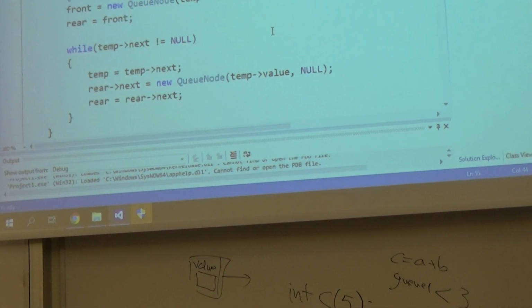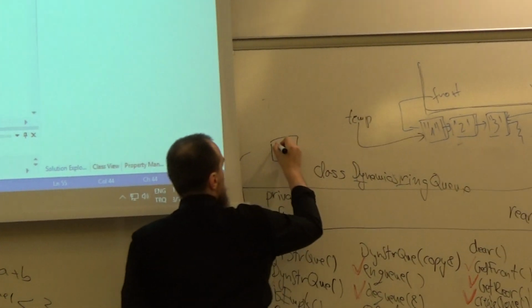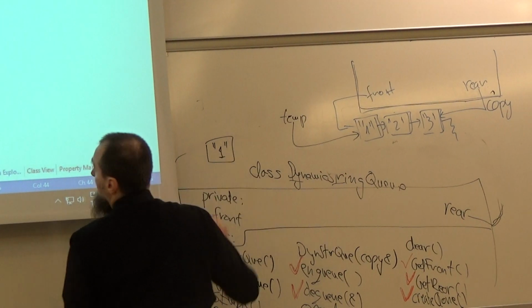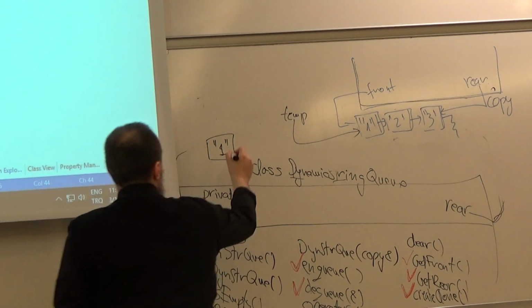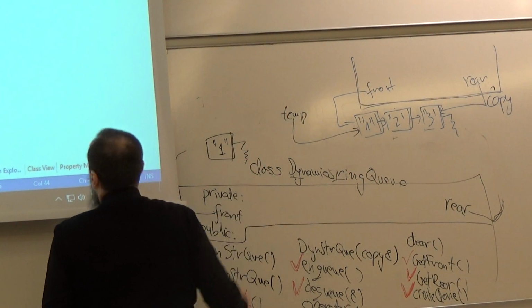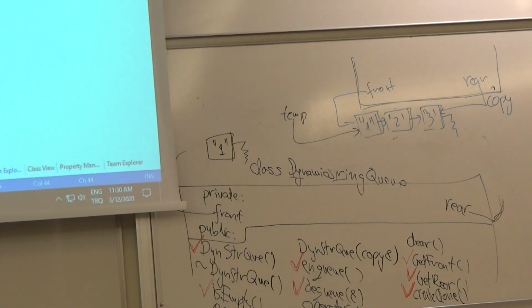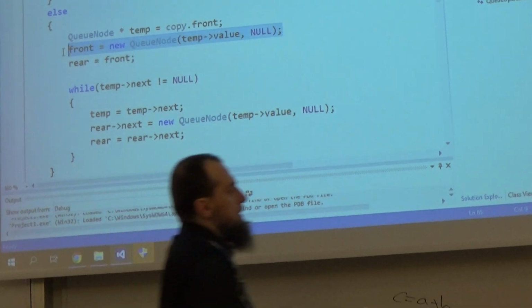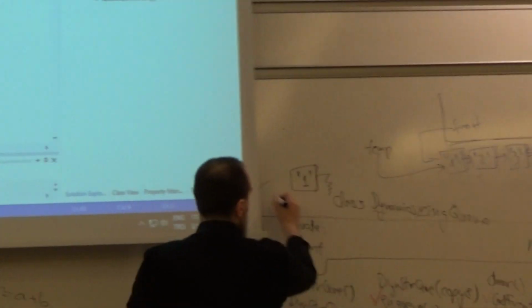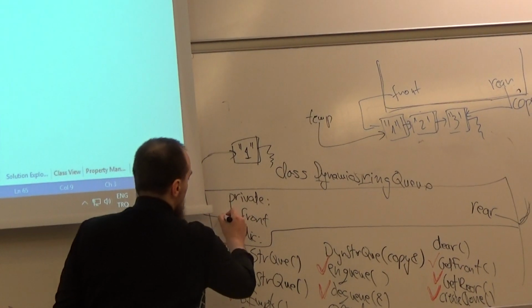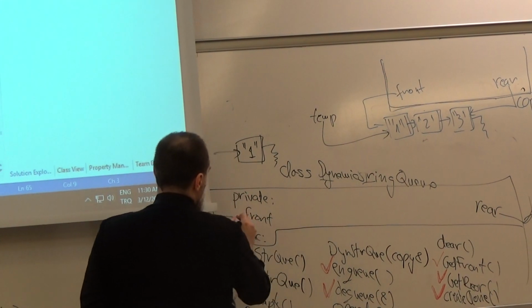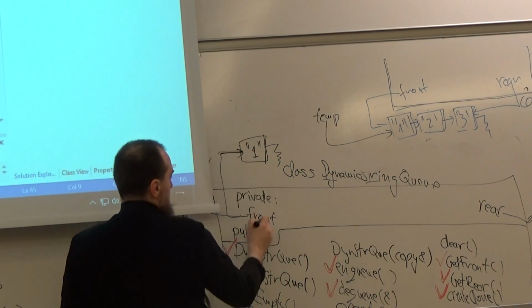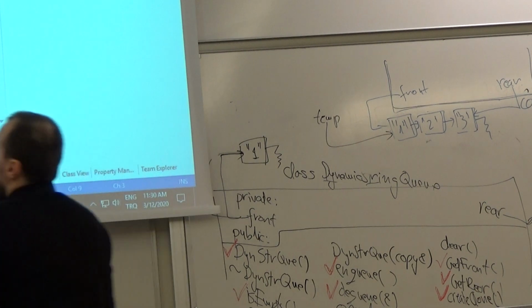The value of that one will be temp value, which is 1. It's going to point to null for now. And I'm going to assign that to front. So this is what I'm doing. Front will be pointing over here. And I should do it like this so we can see it. So front is pointing to this one.